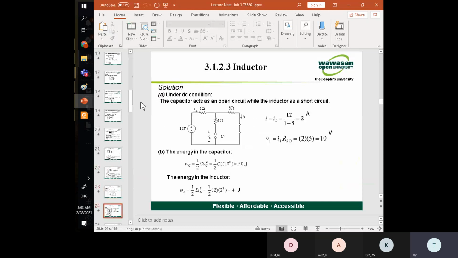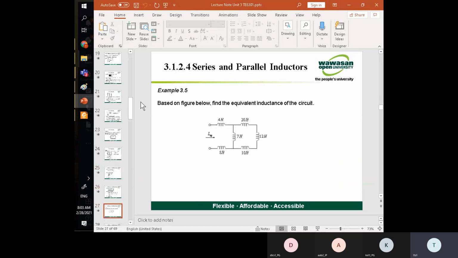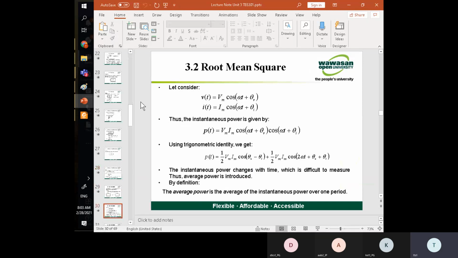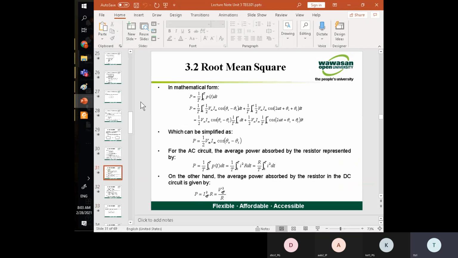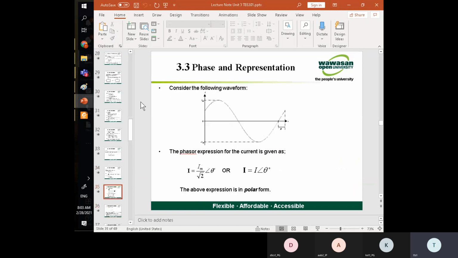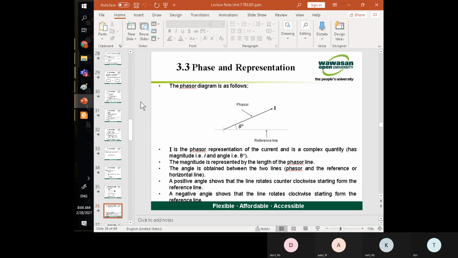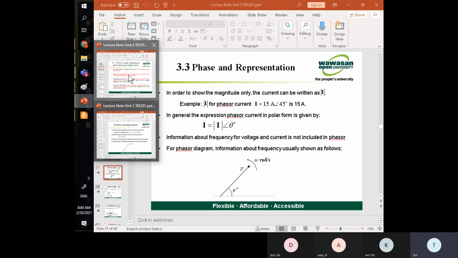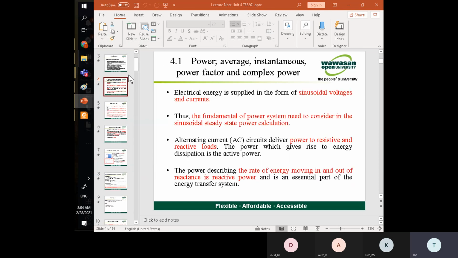I'm quite surprised that they split this into 2 units. If they put it together under 1 unit, I think it's easier to learn. The phasor diagram should appear in unit 3, unit 4, should be here in this unit.